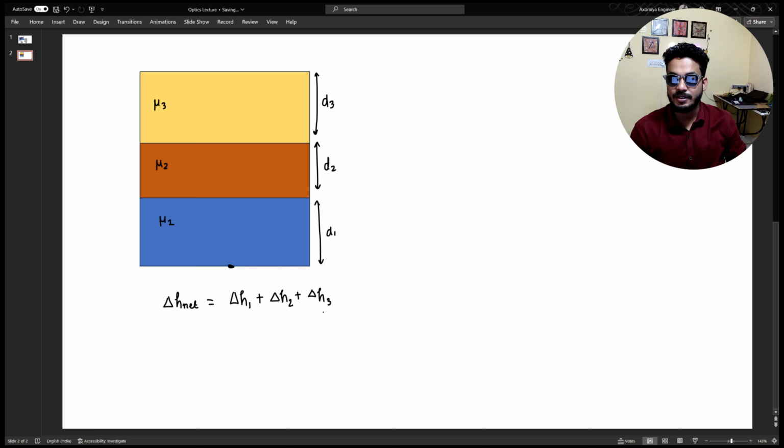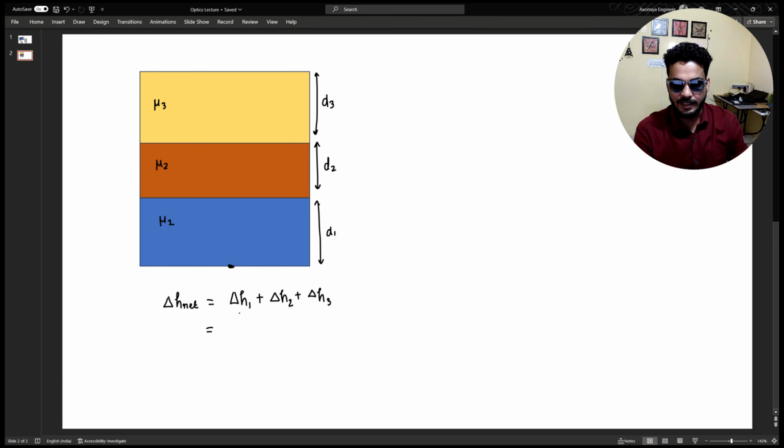Finding out the shift because of each one can be done by using the formula that we derived a bit ago. You can treat the shifts because of individual layers separately, and the net shift will be just the addition of all of these.